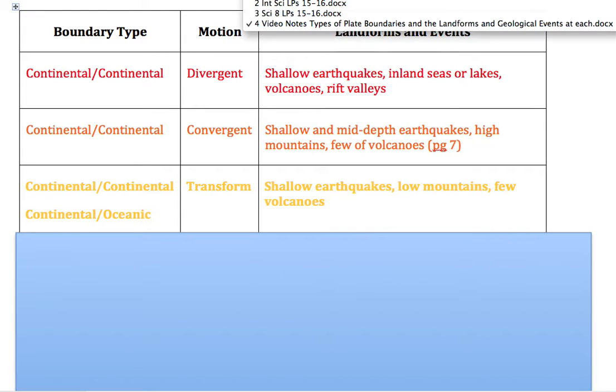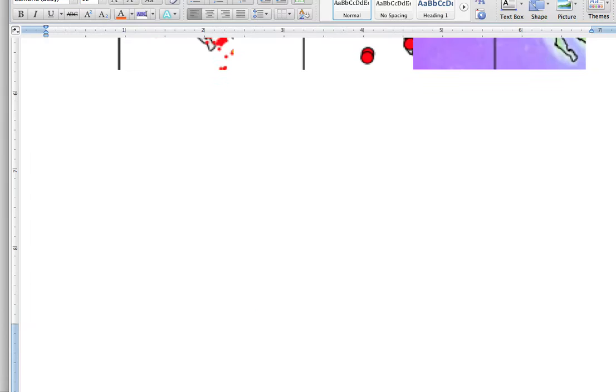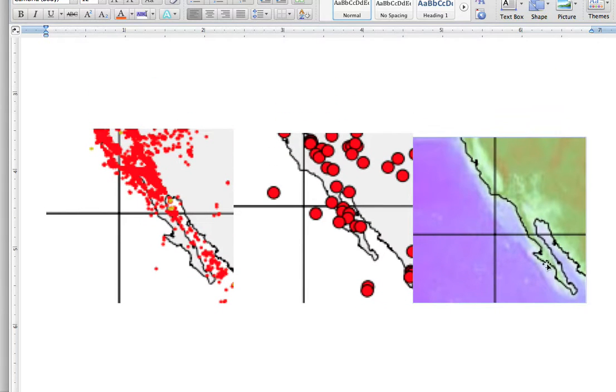I was at the San Andreas Fault this summer and didn't see anything. So this is the San Andreas Fault here. This is Baja. But we have shallow earthquakes, lots of shallow earthquakes, few volcanoes, and the brown bits here are kind of mountains, not a whole lot visually to see there.